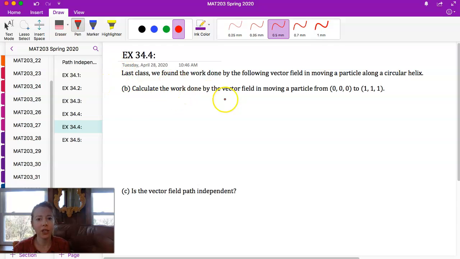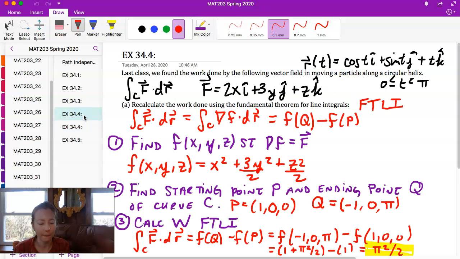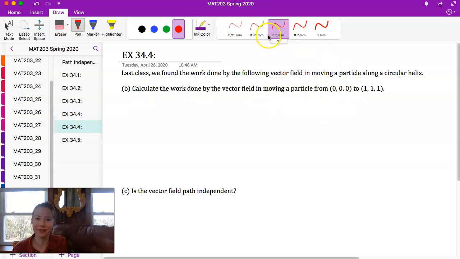Now let's calculate the work done dealing with the same problem by the vector field and moving a particle from 0, 0, 1. Did I already do that? No. Just kidding. We're given points now. Calculate the work done by the vector field in moving the particle from 0, 0, 0 to 1, 1, 1. All right, so for this, we already found our potential function.